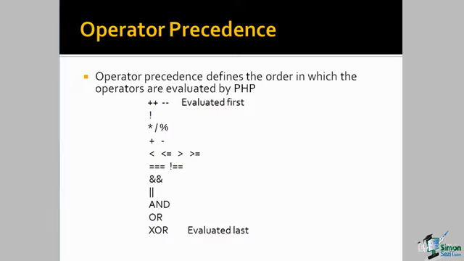Now remember that precedence, the order that things execute in or will be evaluated in, can be overridden with parentheses. No matter what the defined order of precedence for an operator is within PHP, we can override that by the proper placement of parentheses.